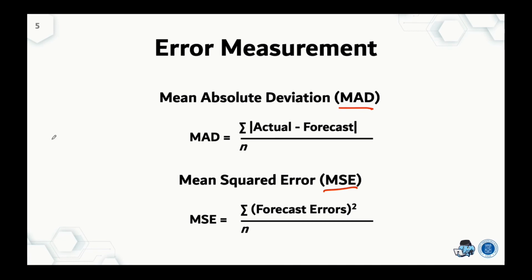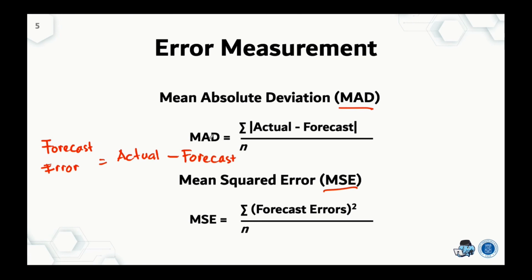What is forecast error? Forecast error is equal to actual minus forecast.